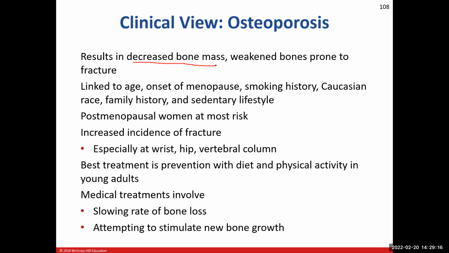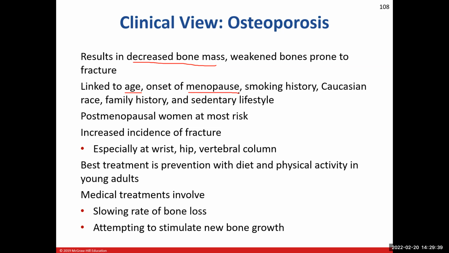So some of the things that we look for that are causative agents for osteoporosis: the older you are, the more likely you are to have osteoporosis or get it. What happens during menopause? We stop producing large amounts of sex hormones in women.